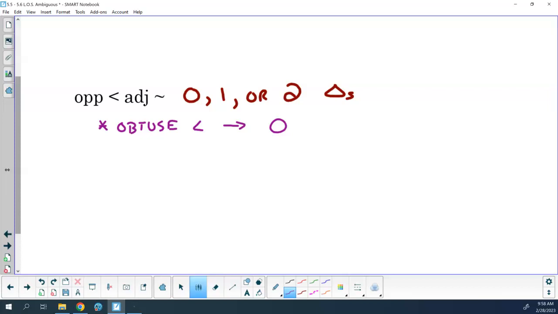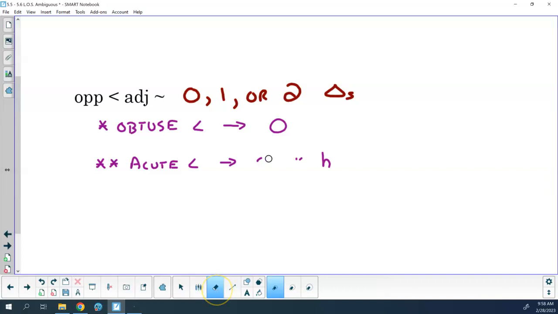If you're dealing with an acute angle, the first thing you do is find, I shouldn't say check. Let's say find. I like find. You're going to find the height of that triangle, because that's going to tell you if there's 0, 1, or 2 triangles.